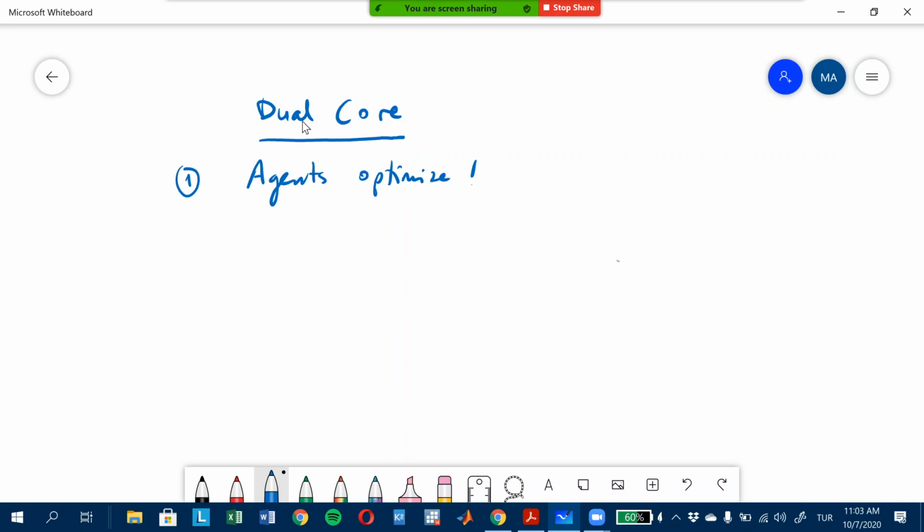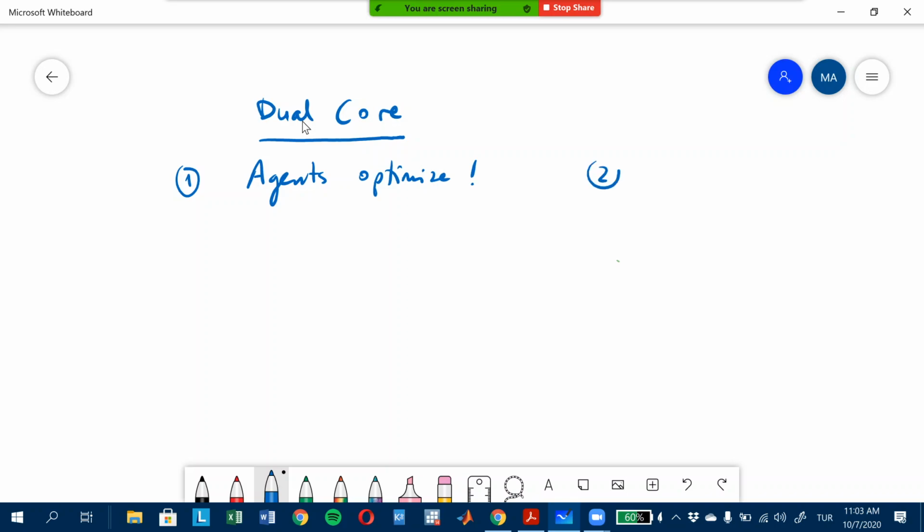Okay, so what I said earlier is that all general equilibrium models have what I call a dual core. One, agents optimize.